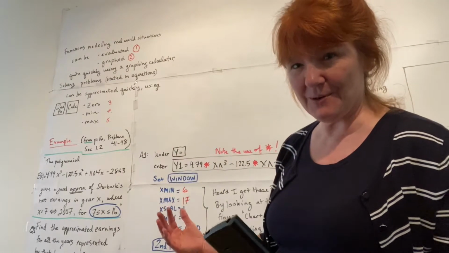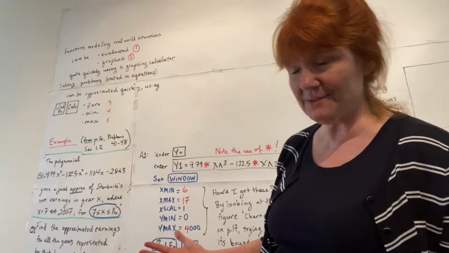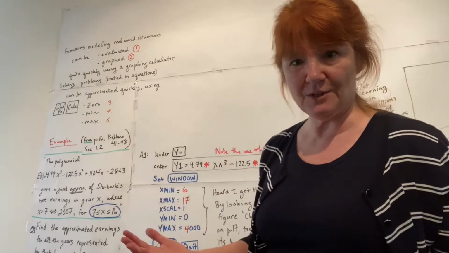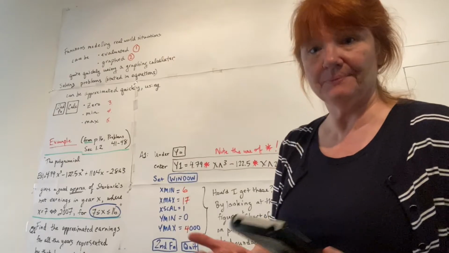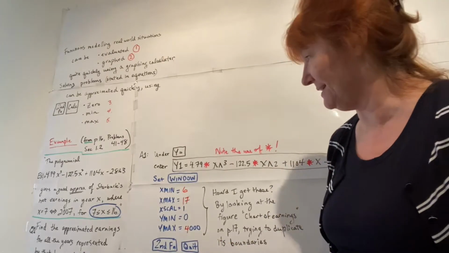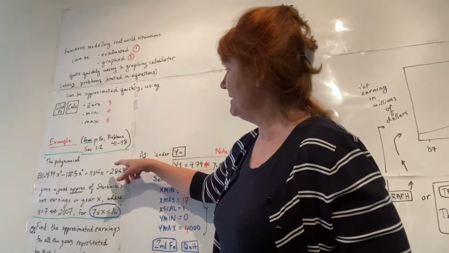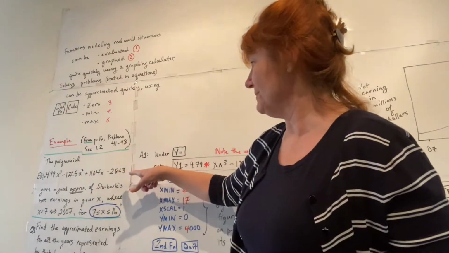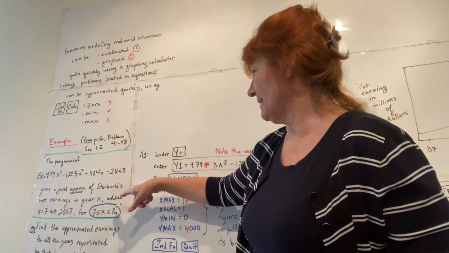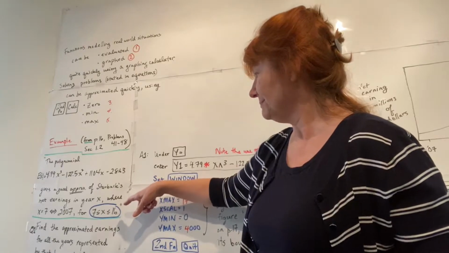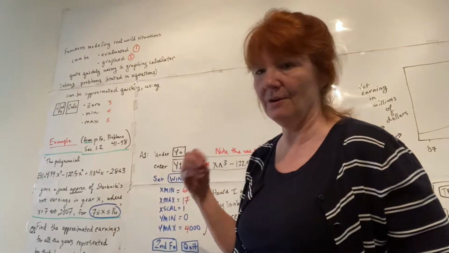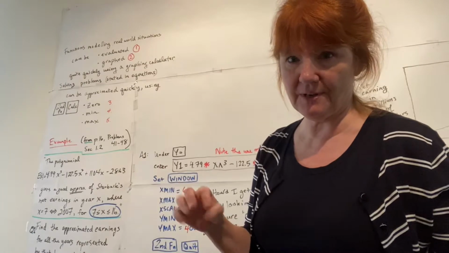X equal to 0 would correspond to year 2000, and so on. 2020 would be X equal to, right, so you should be able to answer that. This polynomial supposedly models their net earnings in each year, and the output is in millions of dollars.